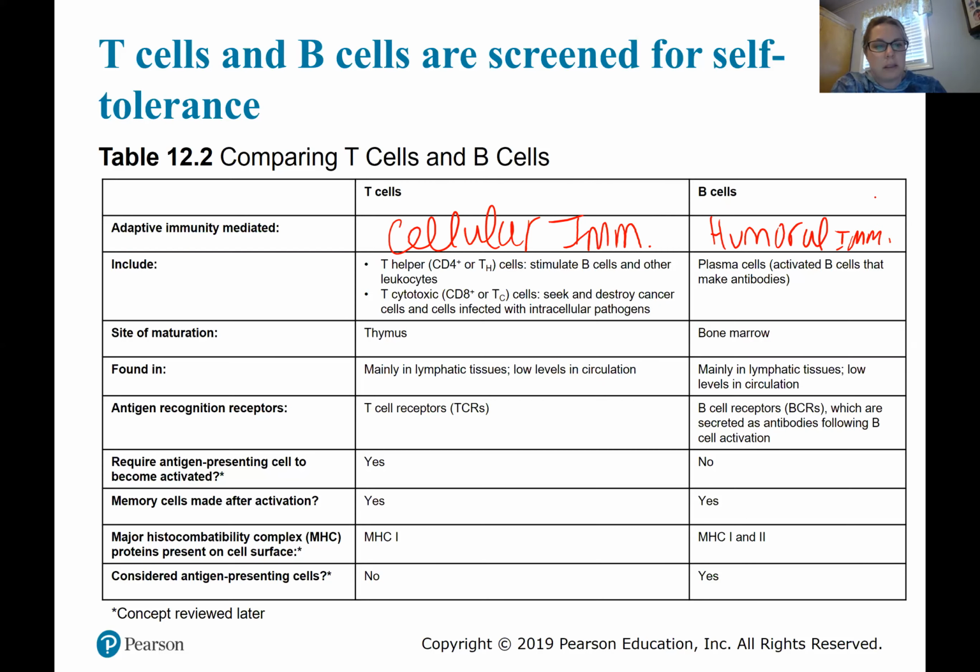Okay, T cells mature in the thymus. We've been over a lot of this, so take some time and review it. This might be a good time to stop the video and look at the differences between T and B cells. And then we'll move on.